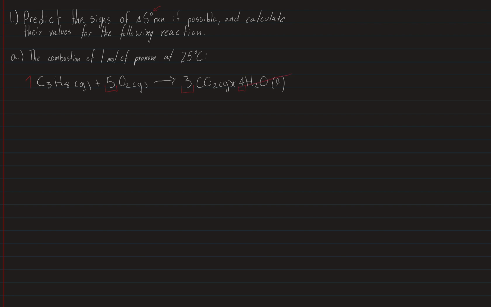So on the left side, we have 6 moles of gas, and on the right side, we only have 3 moles of gas. So there's a decrease in the amount of moles of gas from the reactants to the products. So I predict that we're going to have a negative change in entropy of the reaction. Now let's see if my prediction is actually correct.